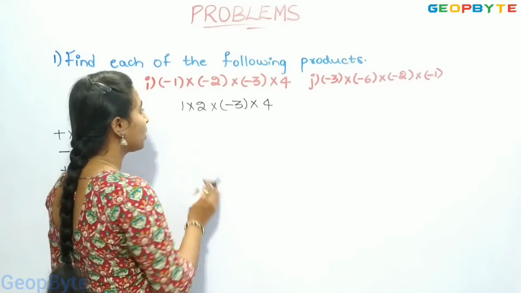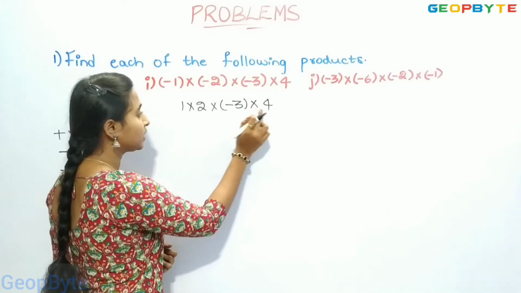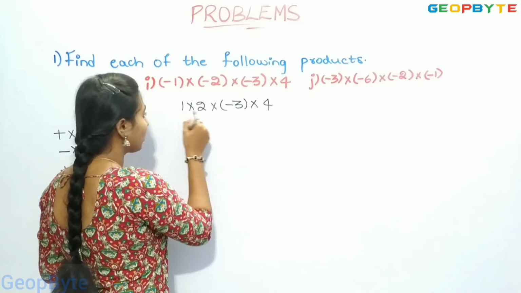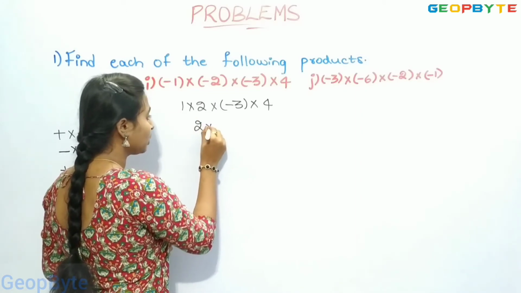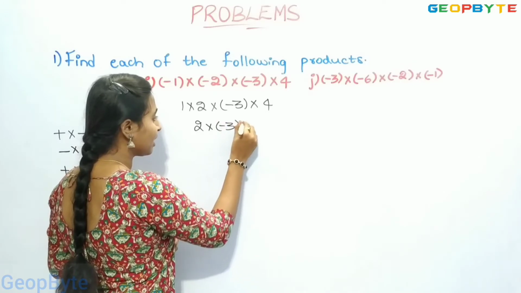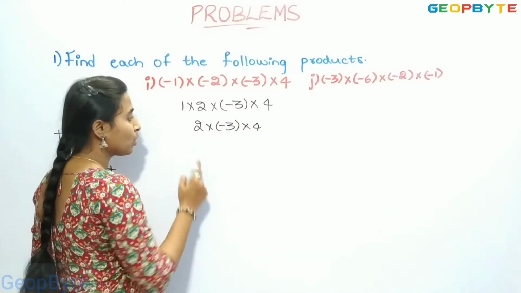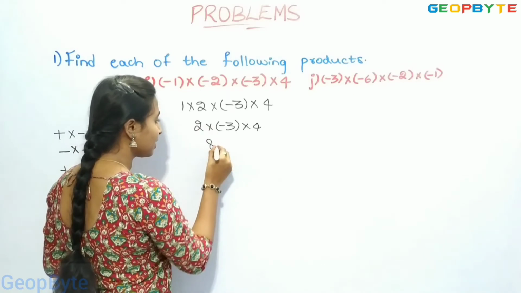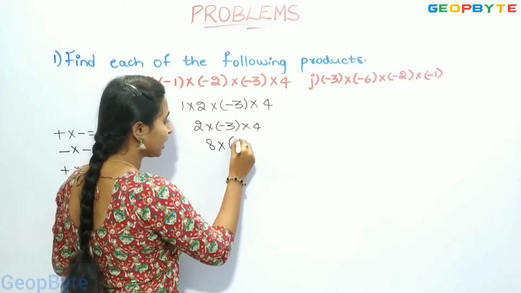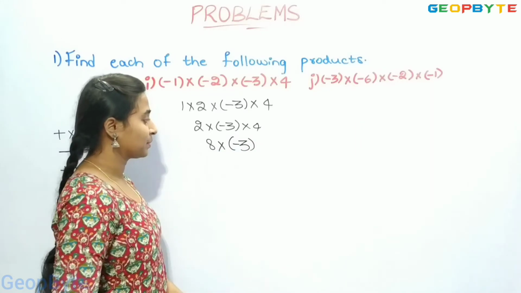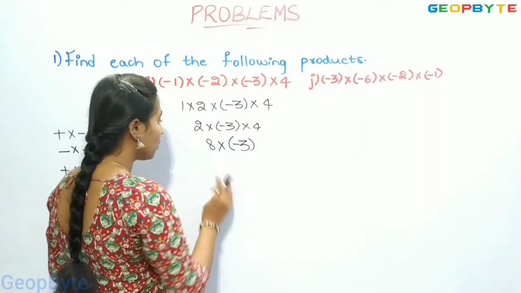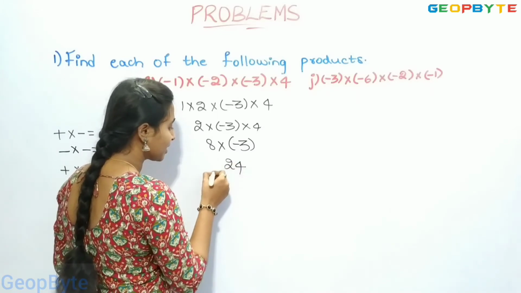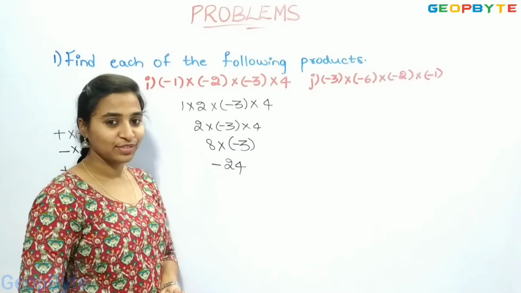Now, let us multiply the positive integers first. 1 twos are 2 into minus 3 into 4. Now, 2 fours are 8 into the leftover integer minus 3. Now, 8 threes are 24. As we have minus sign, it is minus 24.